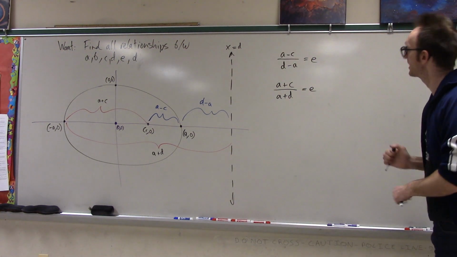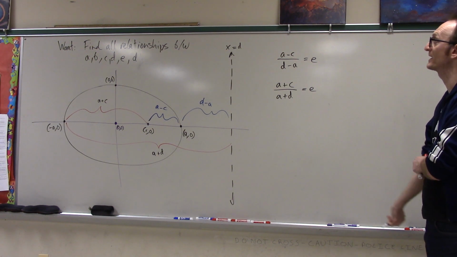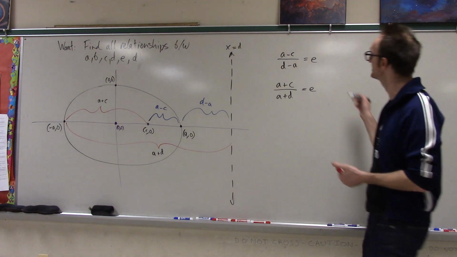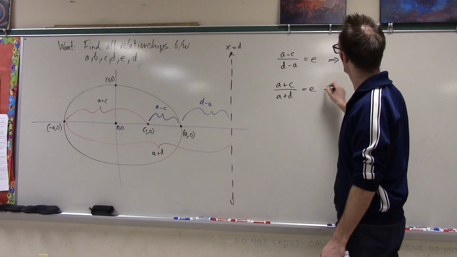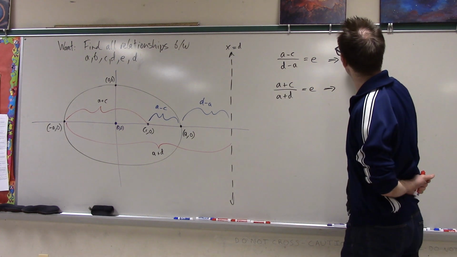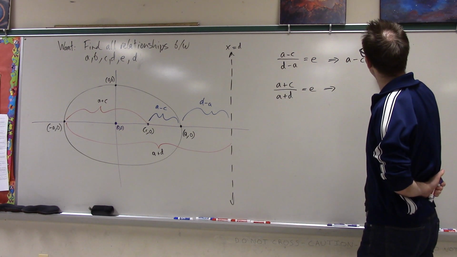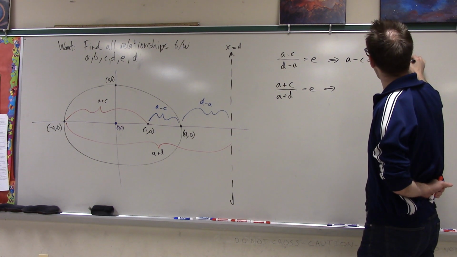Right, from these two equations, I can figure out all the relationships between A, C, D, and E. In particular, if I now multiply by these denominators to get rid of them, I get A minus C equals ED minus EA.